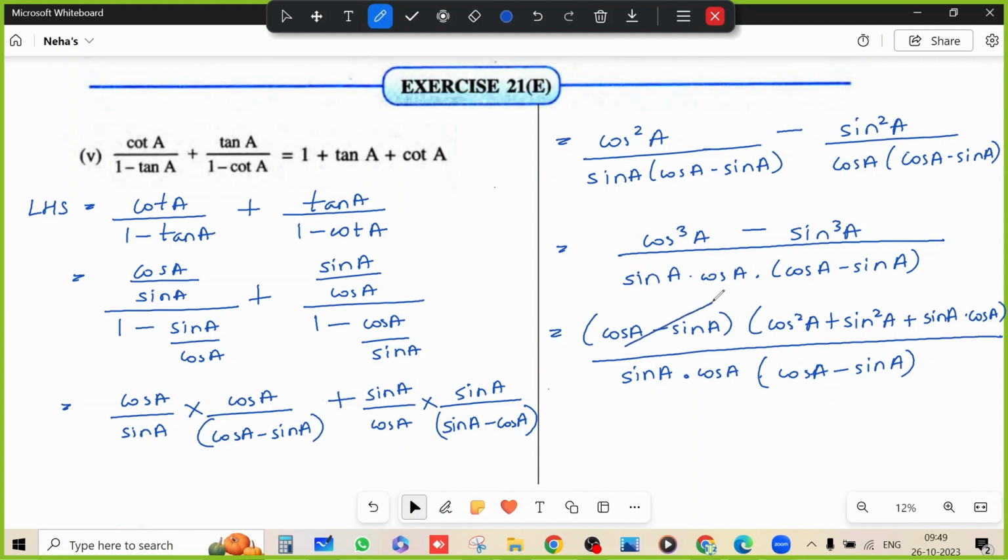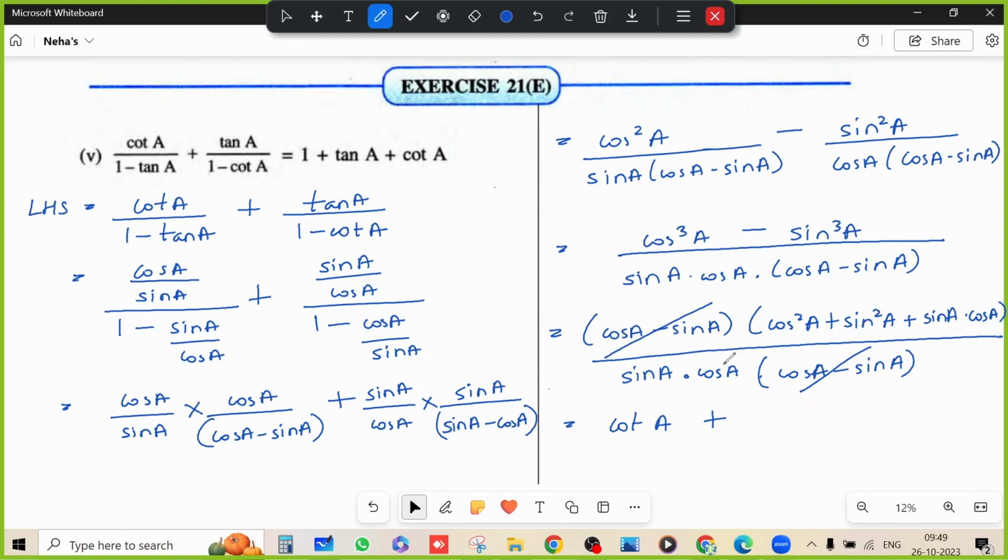Now (cos A minus sine A) will get cancelled out here, and we are left with (cos square A plus sine square A plus sine A cos A) divided by sine A cos A. So we will divide each of these terms individually with sine A cos A. So cos square A divided by sine A cos A, cos A and cos A will get cancelled out, and we are left with cos A divided by sine A, which is equal to cot A. Similarly, sine square A will be divided by sine A cos A. So sine and sine will get cancelled out.